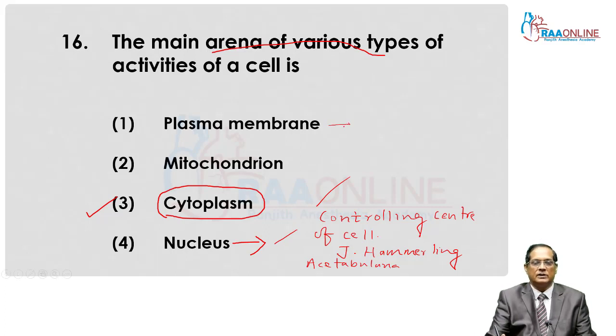Plasma membrane is found in all cells. It's a living structure. Mitochondria is found in the eukaryotic cell, in plants as well as animals, and it is related with respiration.